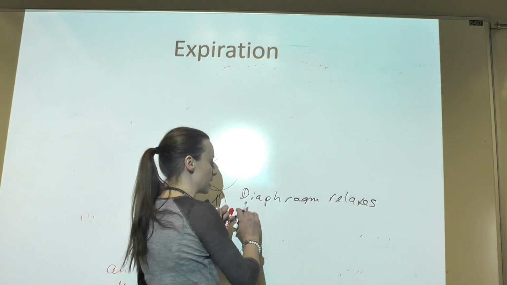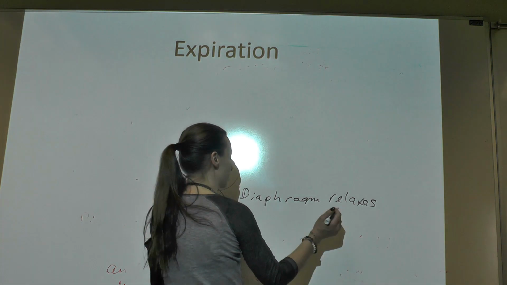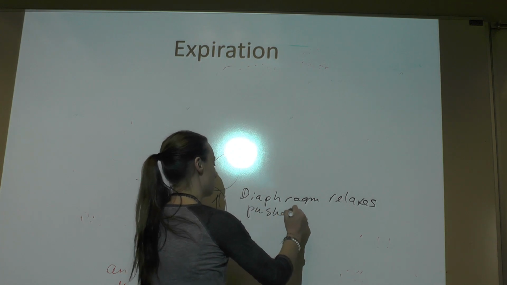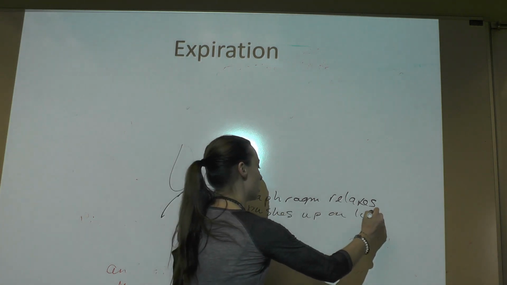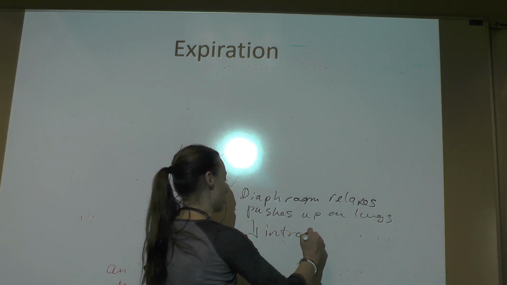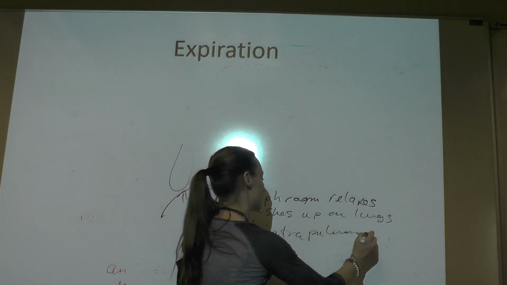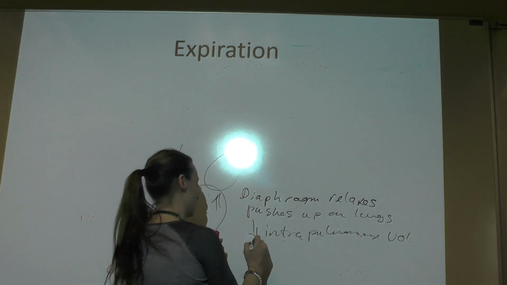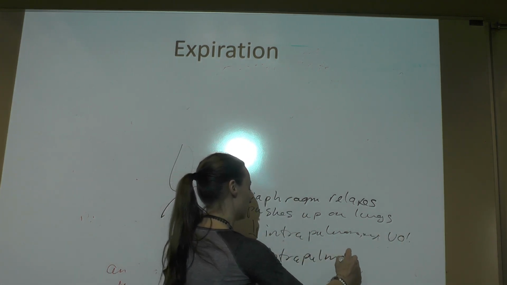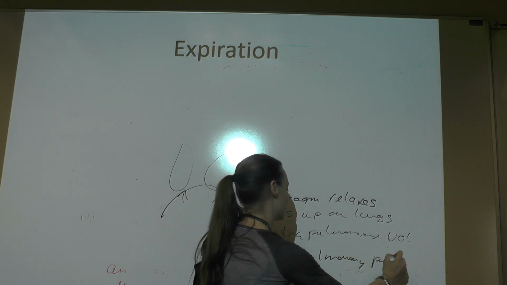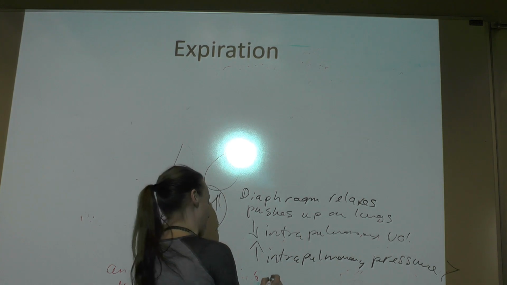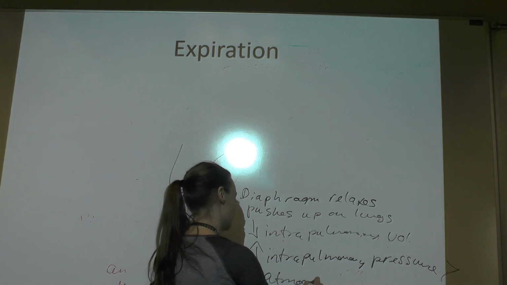But in normal respiration, what's happening is your diaphragm relaxes. This is going to push up on the lungs, which will decrease intrapulmonary volume, which will increase intrapulmonary pressure. So now intrapulmonary pressure will be greater than atmospheric pressure.